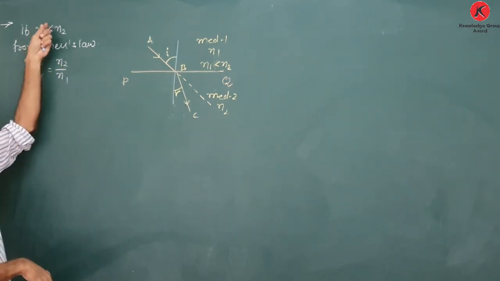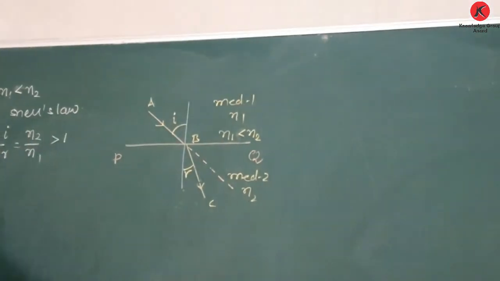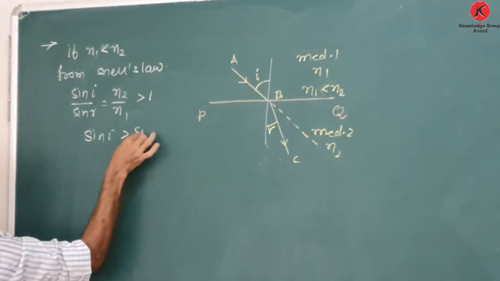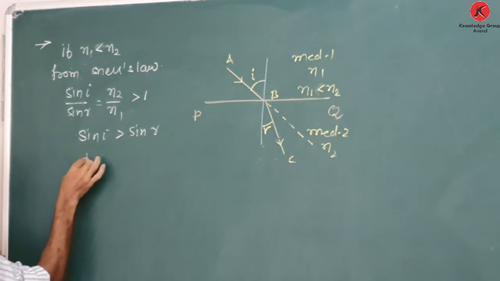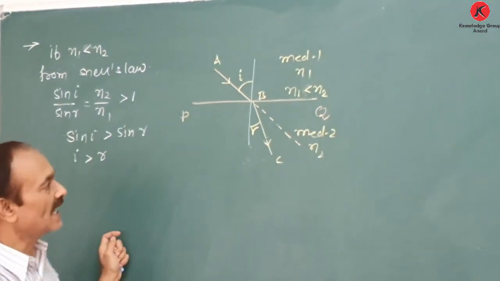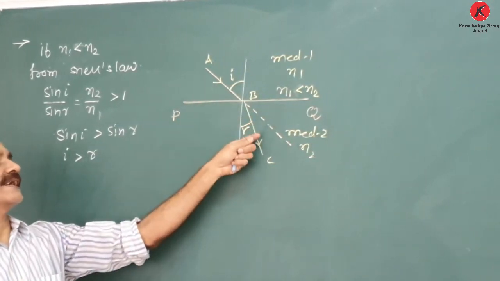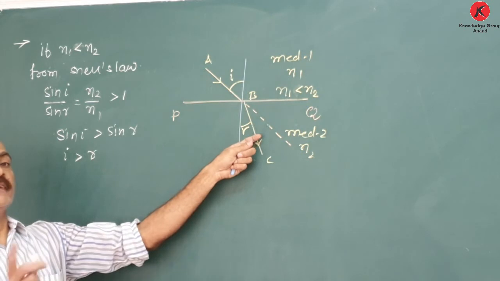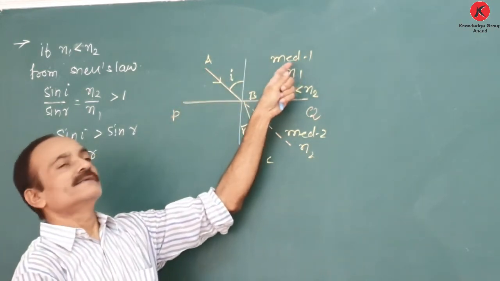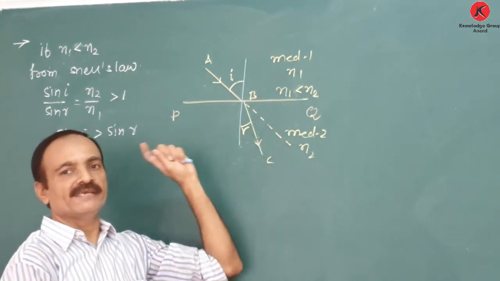Here the value of n1 is smaller than n2, therefore this ratio is greater than 1. Therefore sin i is greater than sin r, therefore i is always greater than r. That means in this case the angle of incidence is greater than the angle of refraction, as the ray of light is traveling from the rare transparent medium to the denser transparent medium.